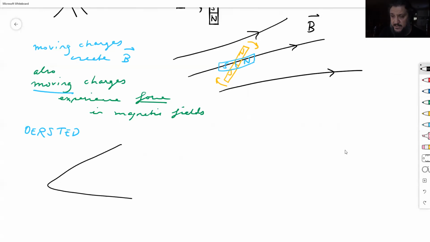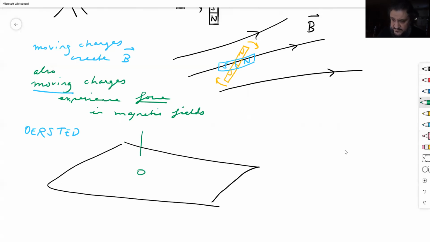Let's say we have the table top here, and then make a hole here in the tabletop, and then let a wire pass through it like this, and connect this to a switch, and then maybe a battery here. So that when you turn on the switch, there will be a current in the wire because you have a complete circuit, and a resistor somewhere if you don't want to short your battery, okay.